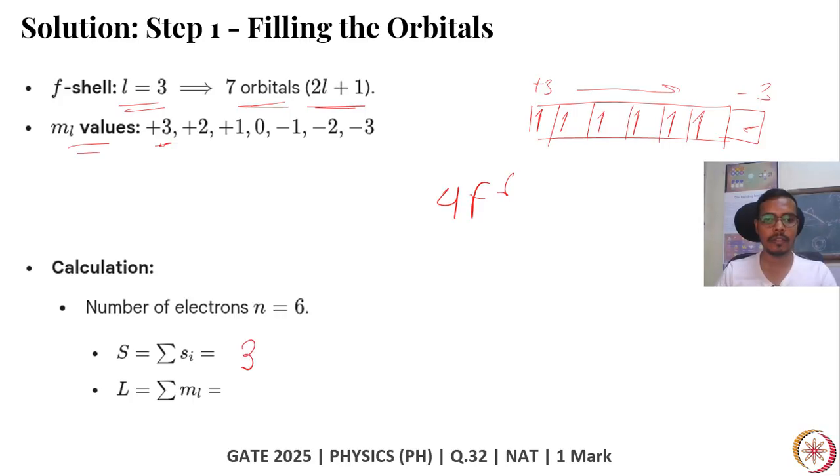And the total orbital angular momentum L is basically the sum of the ml values which are occupied. So that is 3 plus 2 plus 1 plus 0 minus 1 minus 2. The positive and negative 1s and 2s cancel out. So we are basically left with L equal to 3.